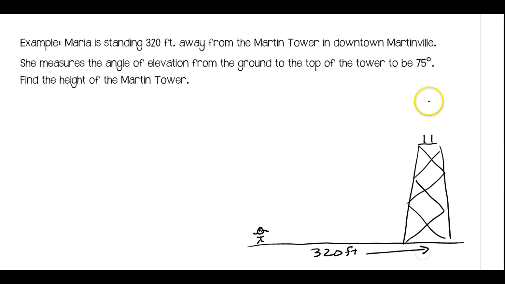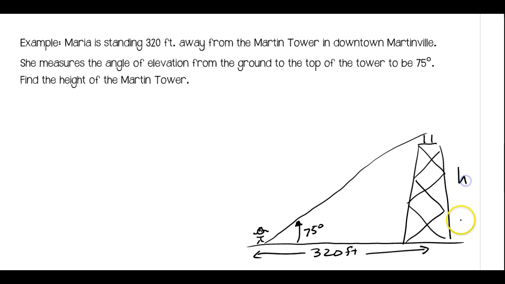We'll always just assume it's from right in the middle of the building. And she measures that the angle of elevation from the ground to the top of the tower is 75 degrees. Remember, from the horizontal, so if she was laying on the ground, her horizontal line of sight would be parallel to the ground, is 75 degrees, and we want to find the height of the tower.